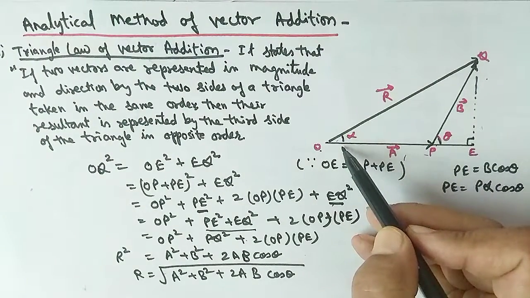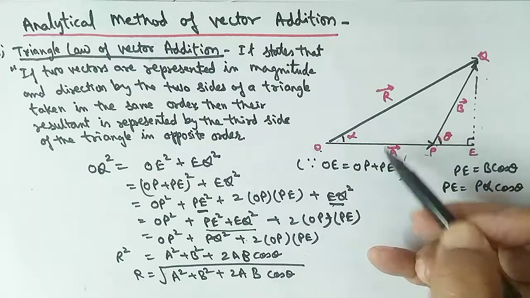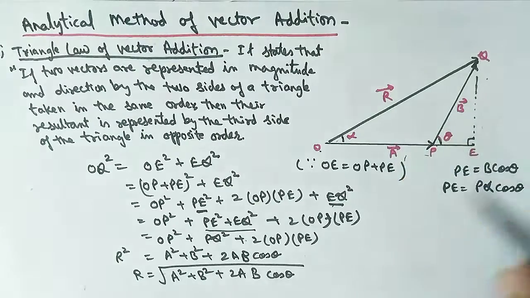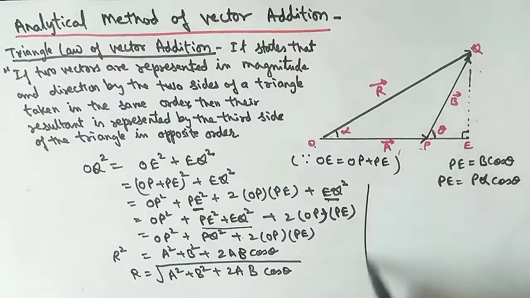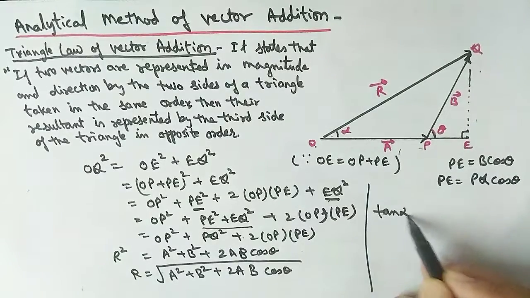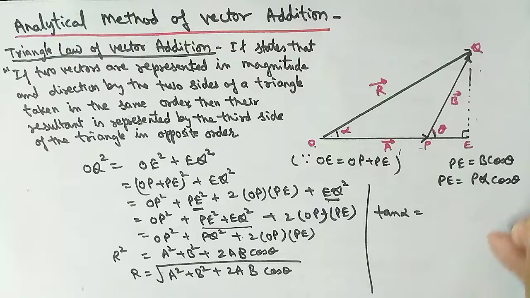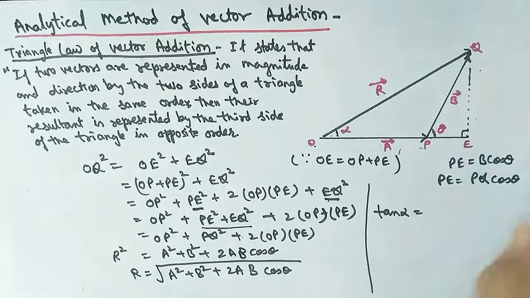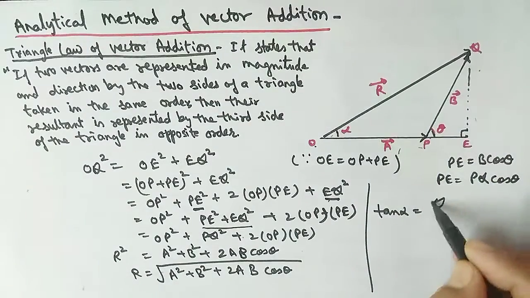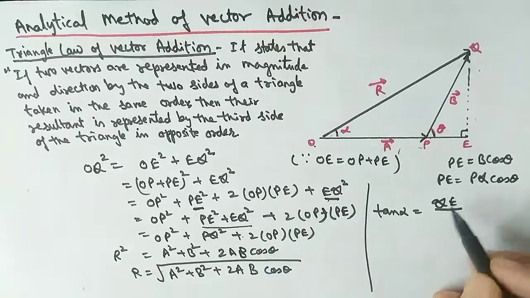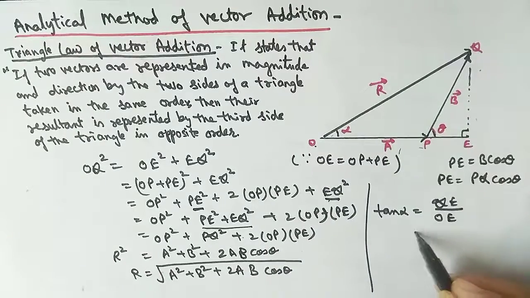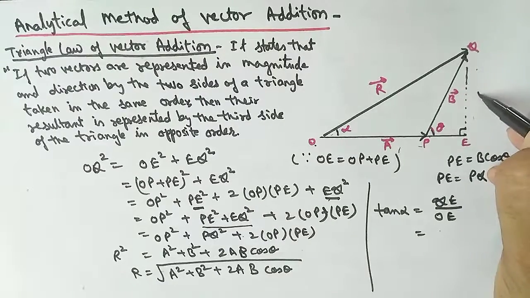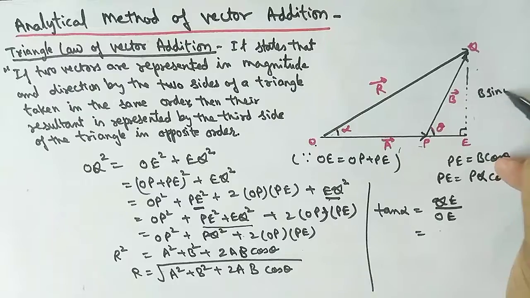Suppose alpha is the resultant angle of these two vectors, because it is the angle between the first vector and the resultant R. To find the angle alpha, we can write tan alpha is equal to perpendicular upon base. The perpendicular is QE and the base is OE.